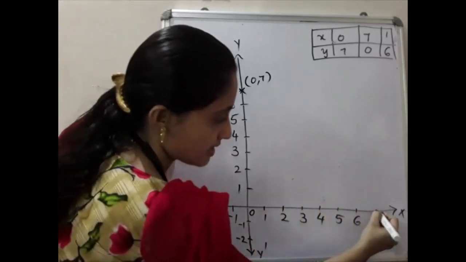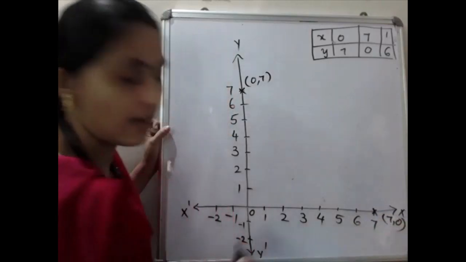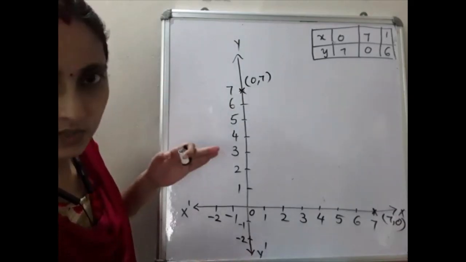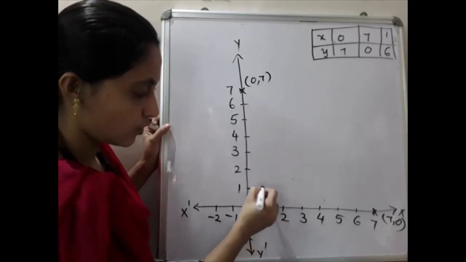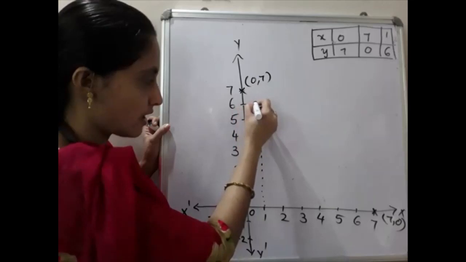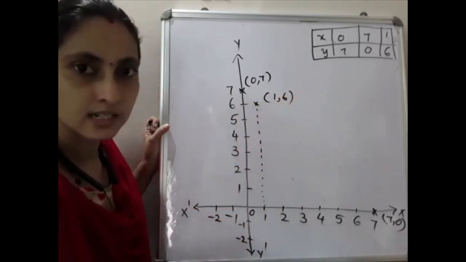So 7, 0 is this point. The next point is 1, 6. 1 from the x axis, and towards the y axis it is 6. So this point, 1, 6.